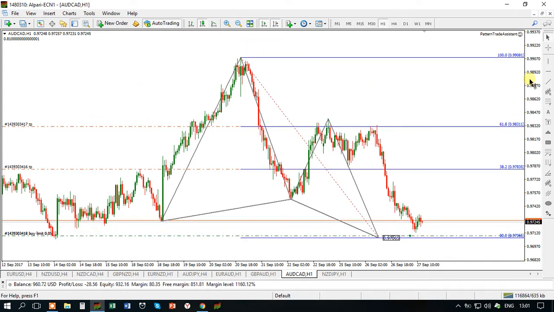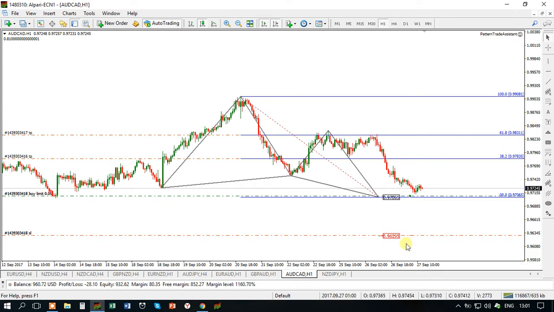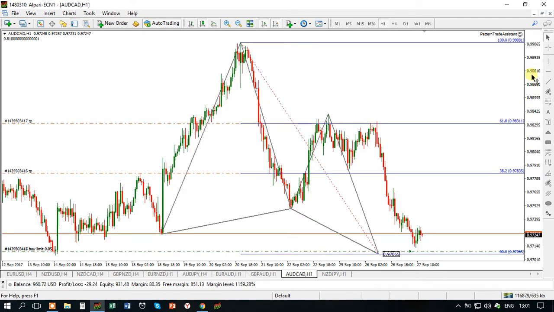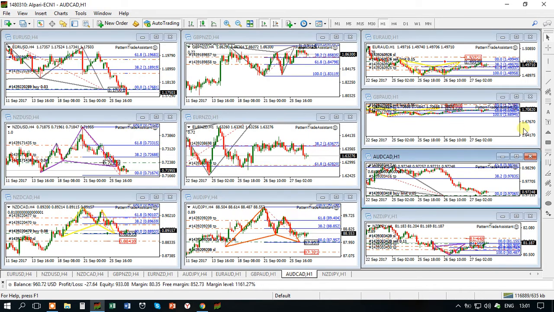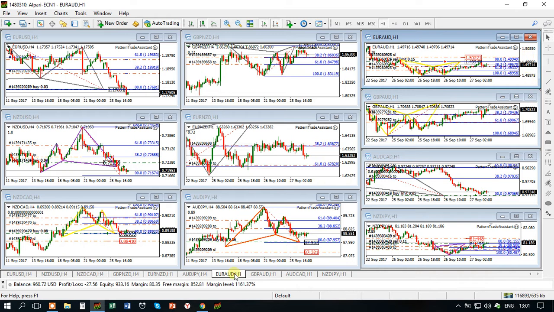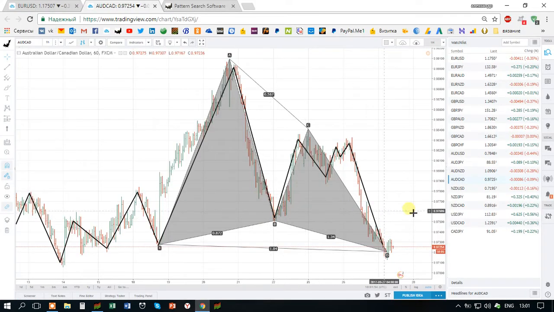Okay, so this is Aussie Canadian, the stop loss is this, 96.295. So entry, target 1, target 2, waiting for it to trigger or maybe hit some targets and bring some profits.